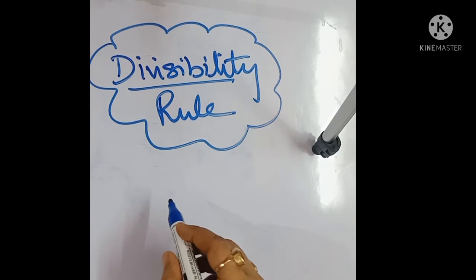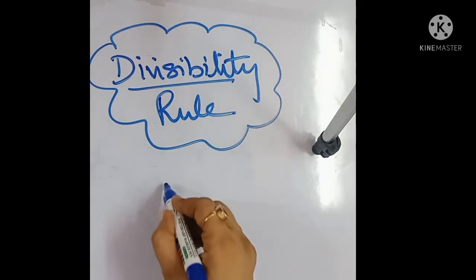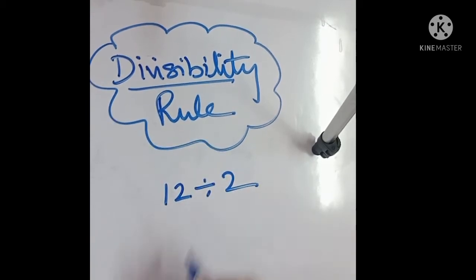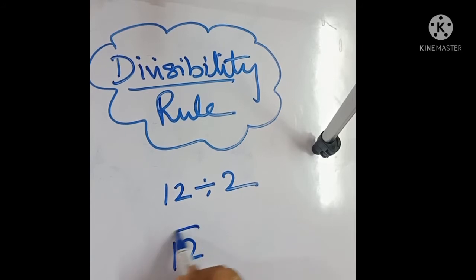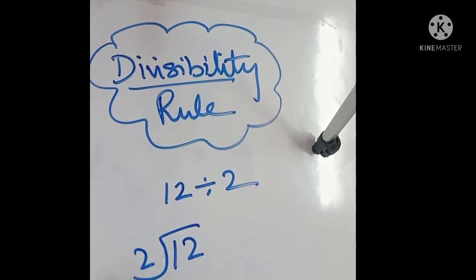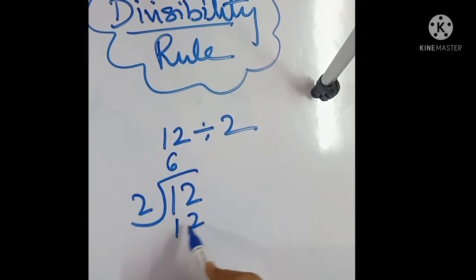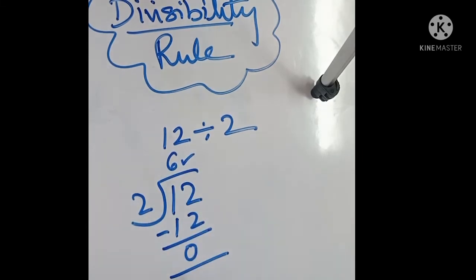Divisibility means when we can divide one number completely with another number. Take an example. Suppose it is 12 divided by 2. Is 12 divisible by 2? What we have to check? क्या 12 2 से divisible है? तो हम 2 से 12 को डिवाइड करेंगे. 2 6s are 12 and we will find 0 remainder and 6 is the quotient.